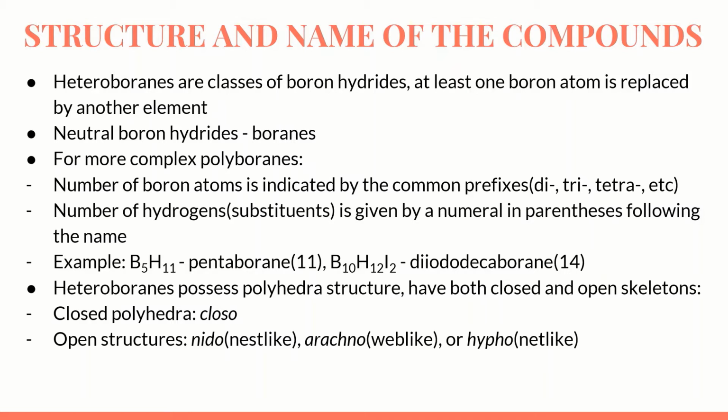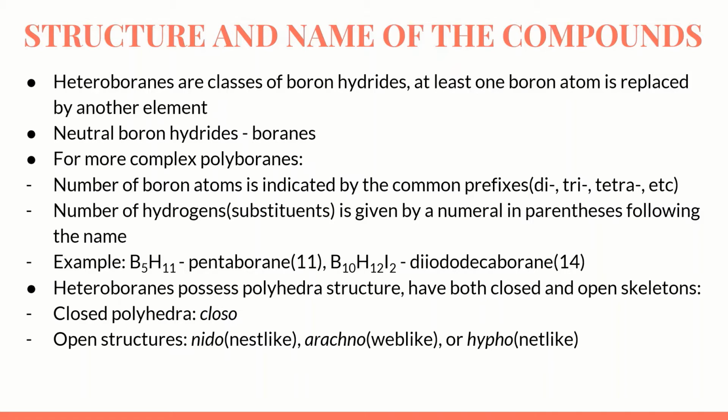For more complex polyboranes, the number of boron atoms is indicated by the common prefixes di, tri, tetra, etc., and the number of hydrogens, which are the substituents, is given by a numeral in parentheses following the name. For example, B5H11 is called pentaborane. Penta refers to 5 boron atoms and 11 refers to 11 hydrogen atoms.